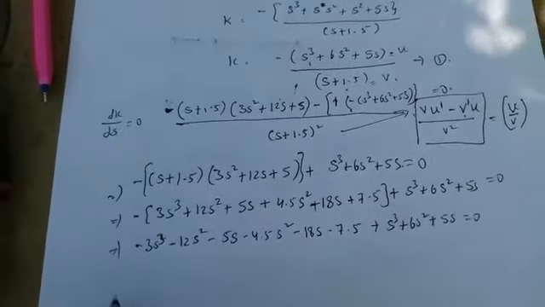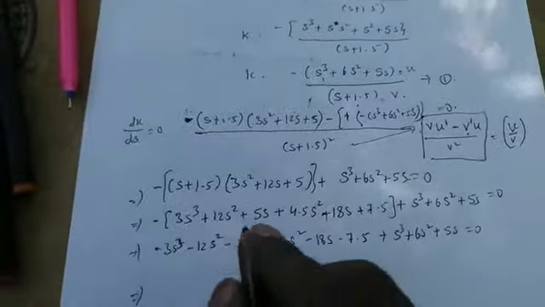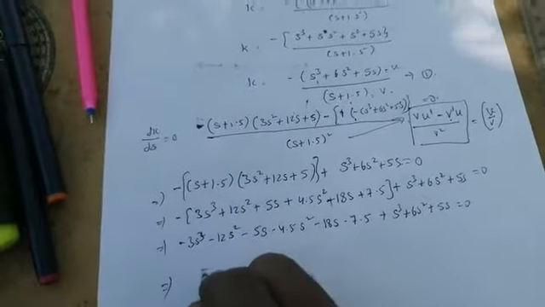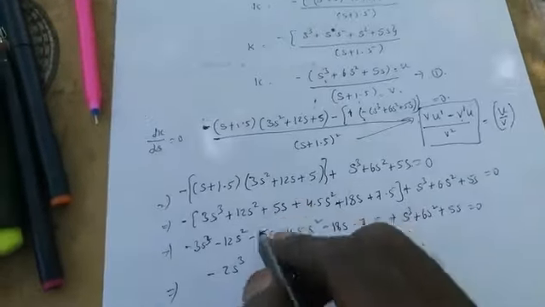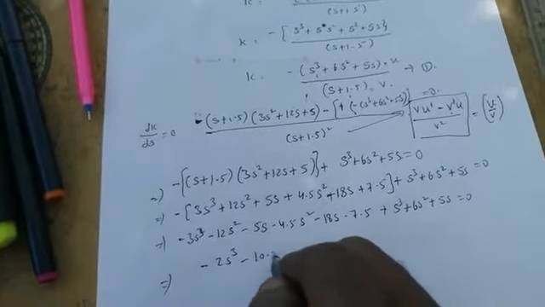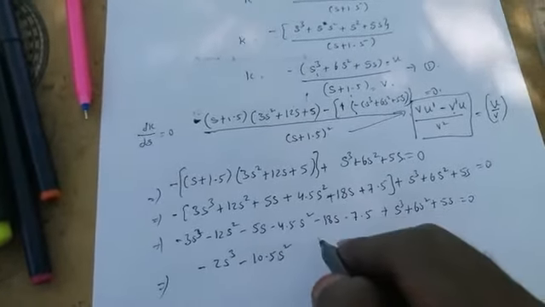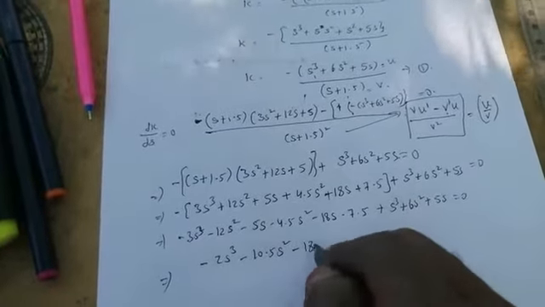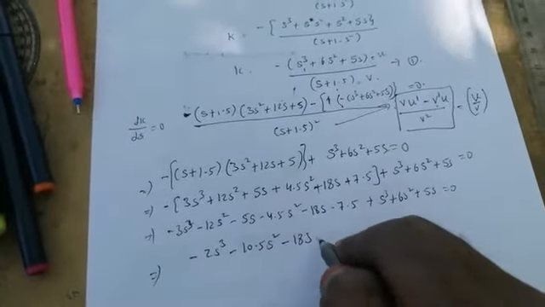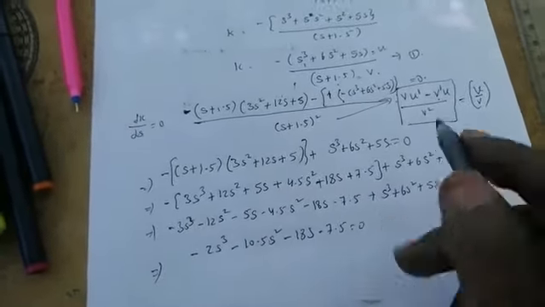So finally when you simplify this equation, you will get minus 2s cubed minus 10.5 s square minus 18s minus 7.5 equals to 0.